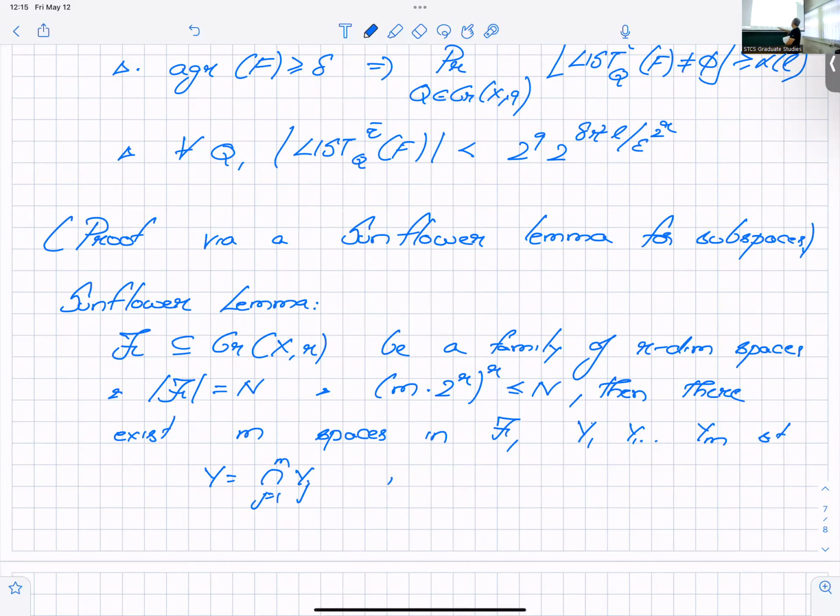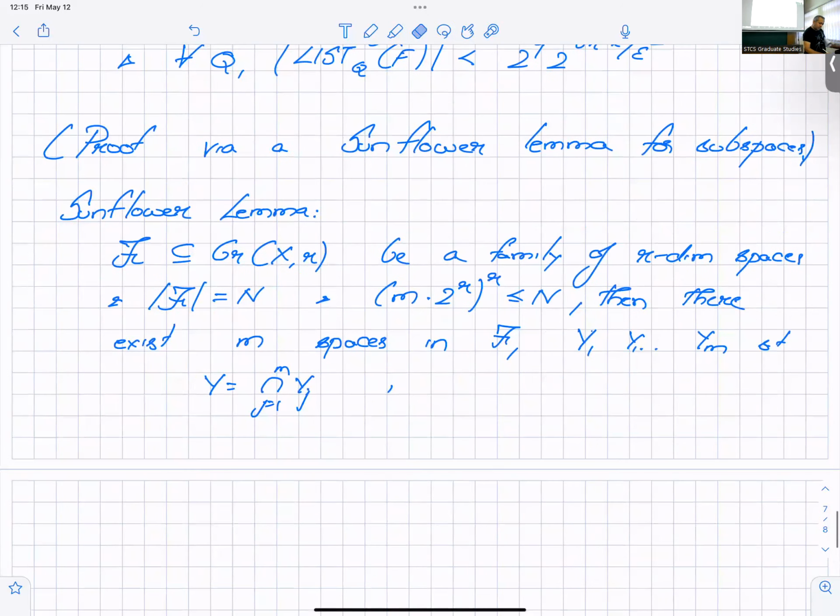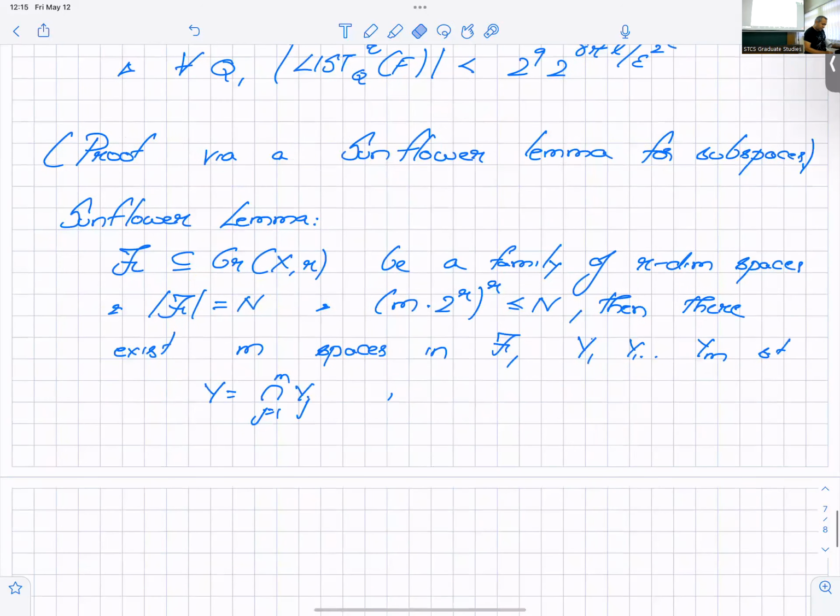Basically, once you take this, that's the core of the sunflower, and any two other pairs don't intersect anymore other than the core. That is, if y is this, then yi intersection yj equals y for all i not equal to j.